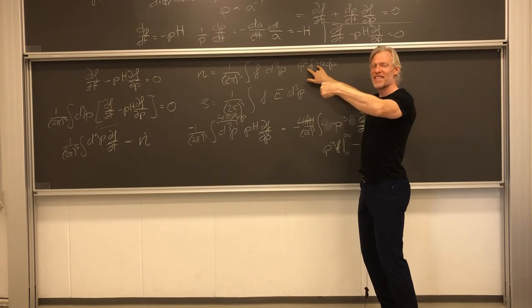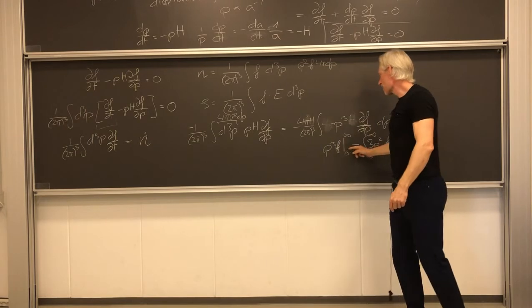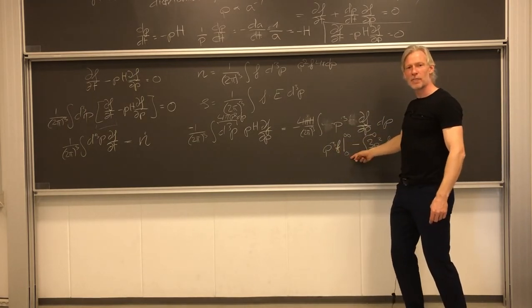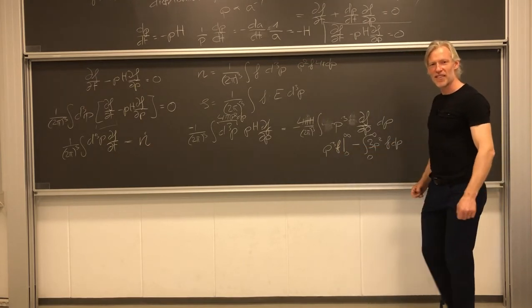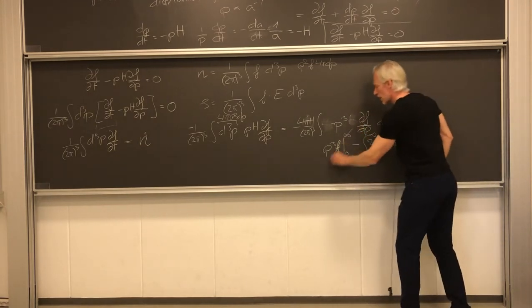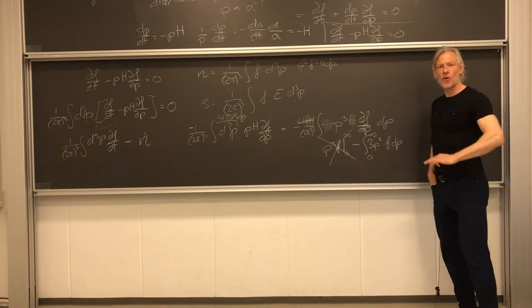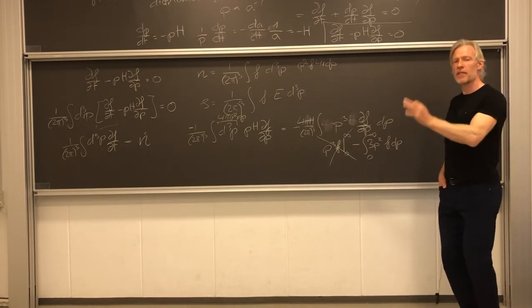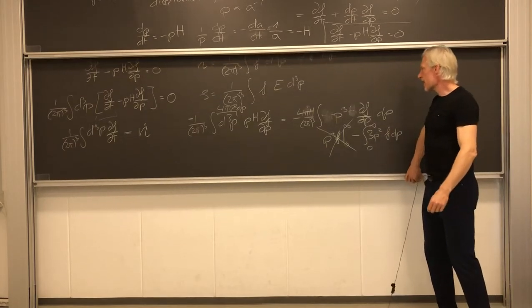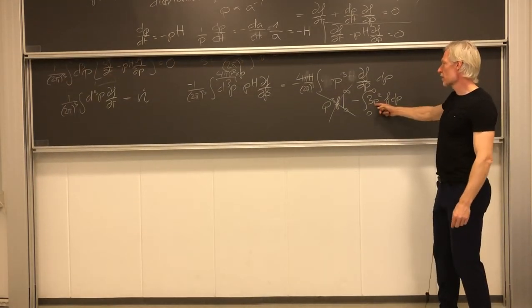Otherwise, it wouldn't converge. And that means that, for example, this term must go to 0 because it's a higher power of p. It must go to 0 as p goes to 0. Otherwise, again, I get a non-convergent integral. So no matter how I phrase this, such a boundary term must always vanish for any meaningful distribution function that you can have. And that means we're left with just this one term.